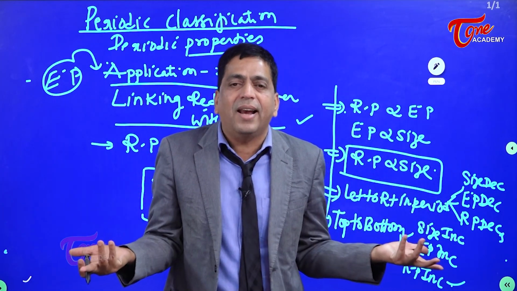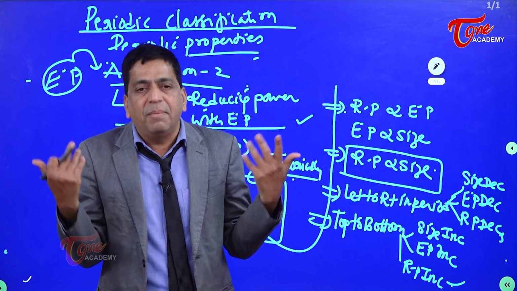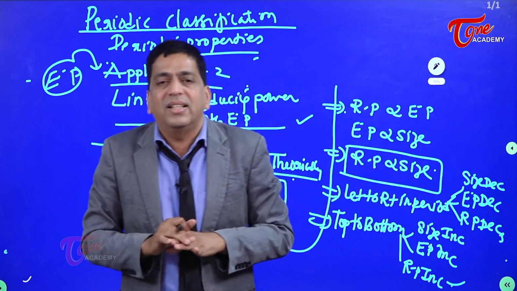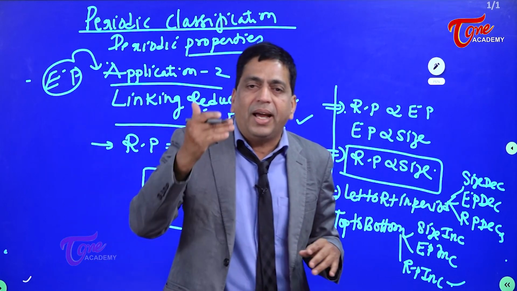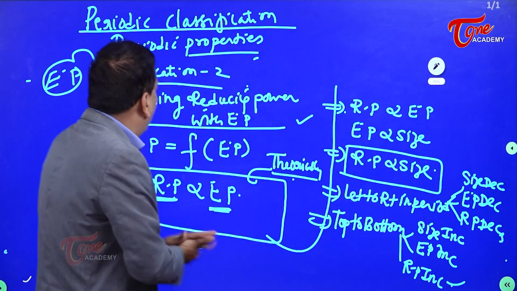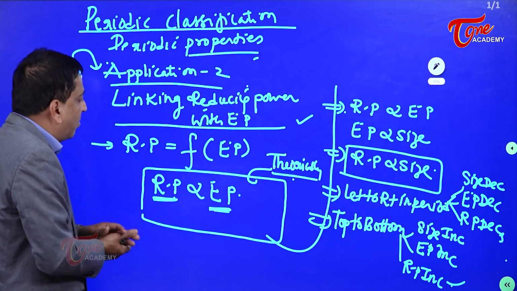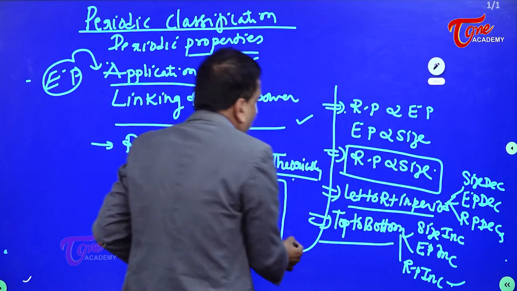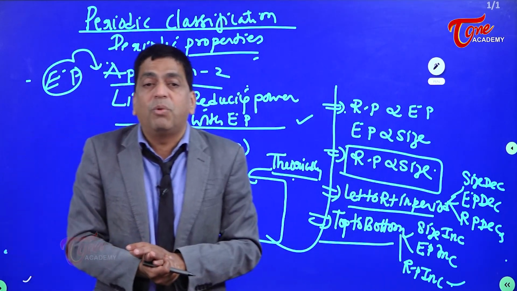That's why I said all physical or chemical properties you discuss are functions of size. That's why while discussing periodic properties, we were putting atomic radii, size, in the first place. Similarly, this is again proportional to EP. That's a trend in a period, and a trend in a group from top to bottom or left to right.